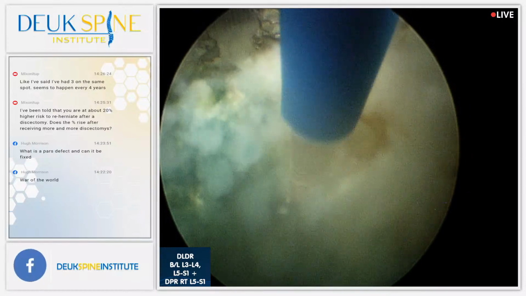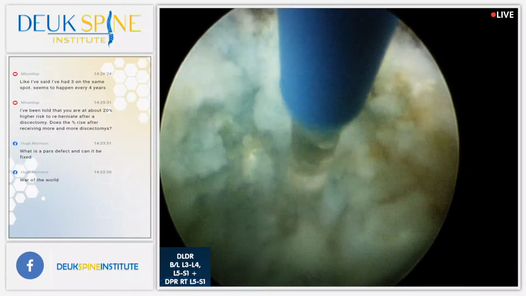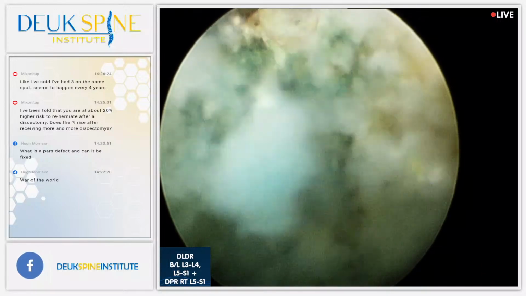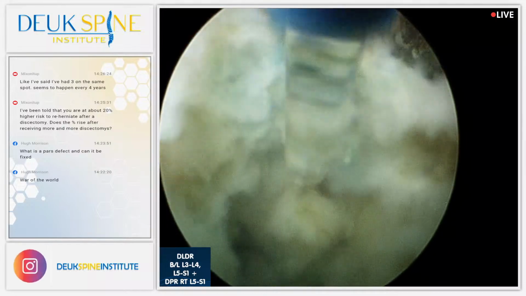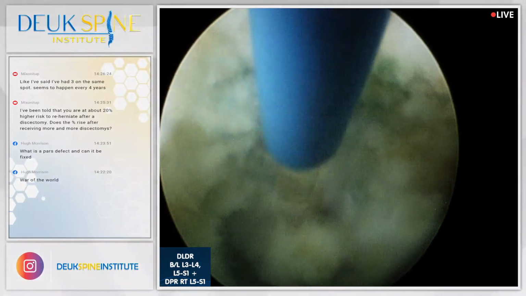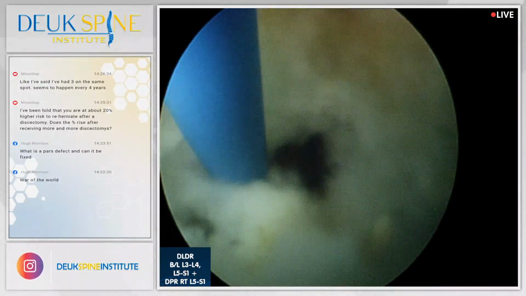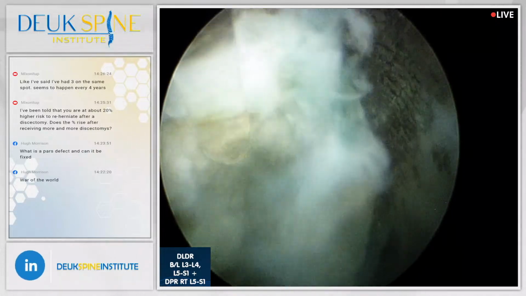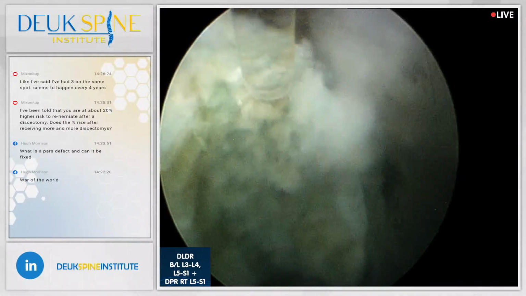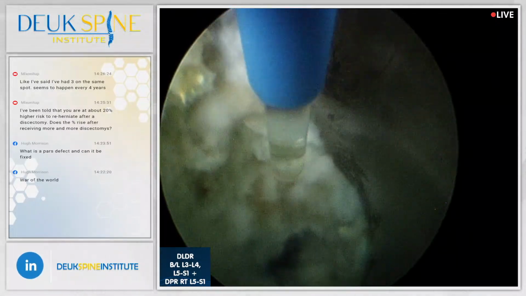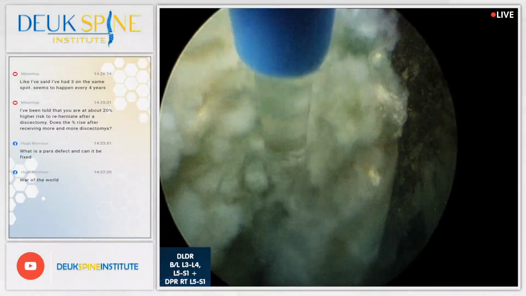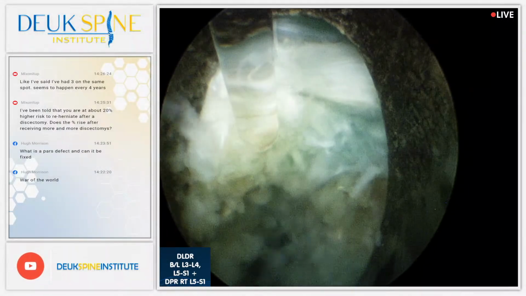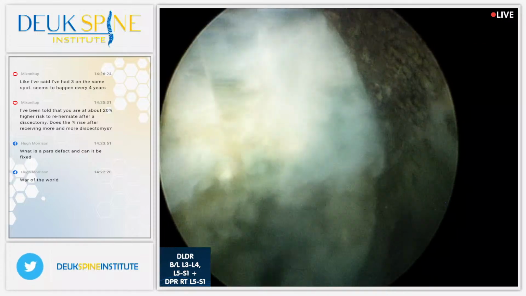And I did the laser, and it worked. Got rid of their pain. But I didn't do anything with the pars defect. I left it alone. So I started to realize the pars defect is actually not part of their pain or symptoms, because I was curing their symptoms with the laser, but I wasn't doing anything to fix the pars defect. So everything I was taught as a resident in neurosurgery about fusing pars defects was wrong.